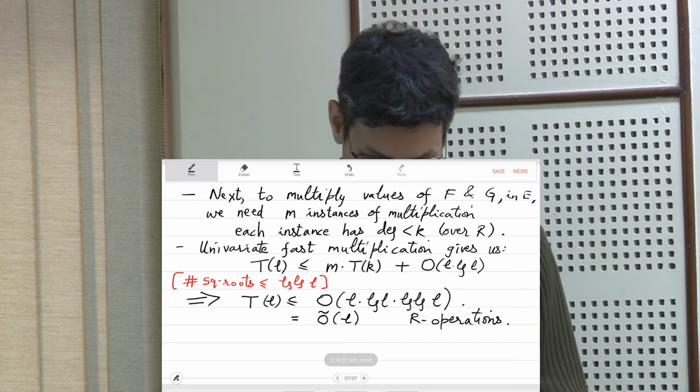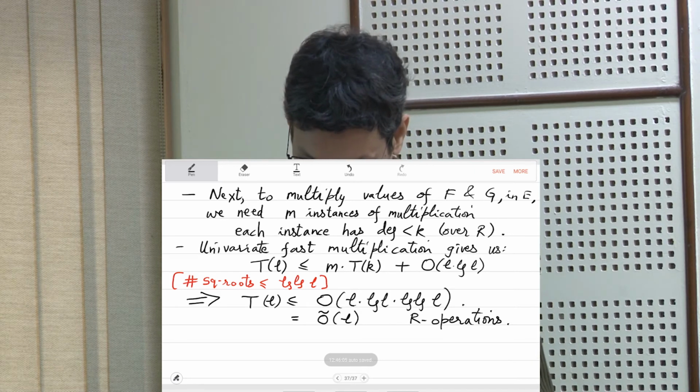Yes, if characteristic is 2, you take L to be 3 to the n. There was no reason to get stuck with 2 raised to n. You use a power of 3. Then everything works as before.